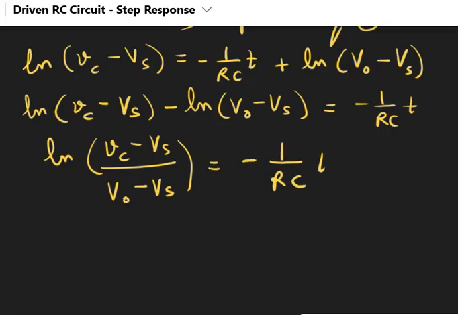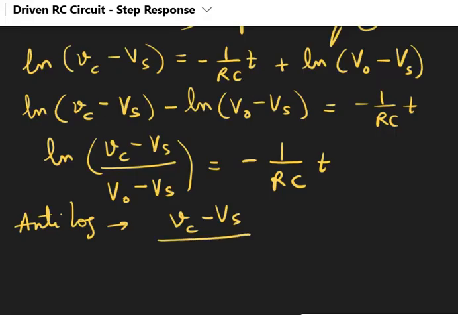To find the equation for Vc, we will take the antilog. After taking the antilog, the right hand side will be e to the power minus 1 by RC t.